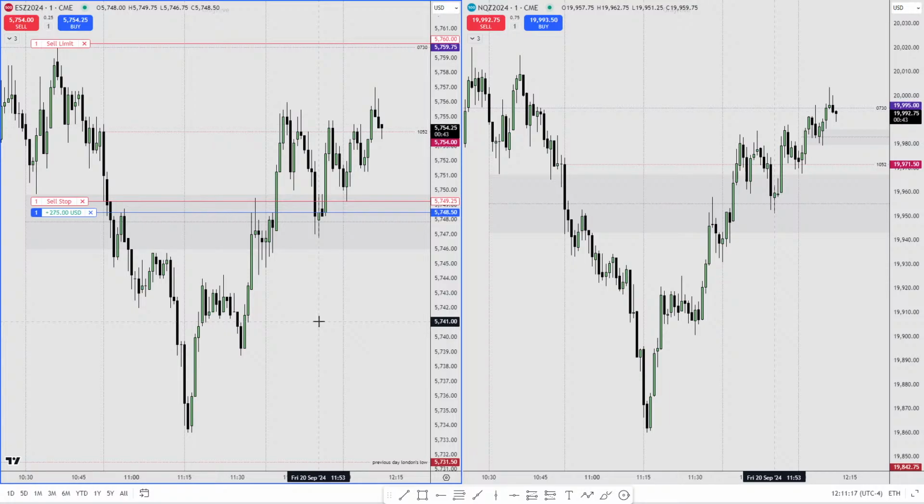Oof. ES is being very problematic right now. If NQ closes below this swing low, I'll cut out my positions. This swing low right here.